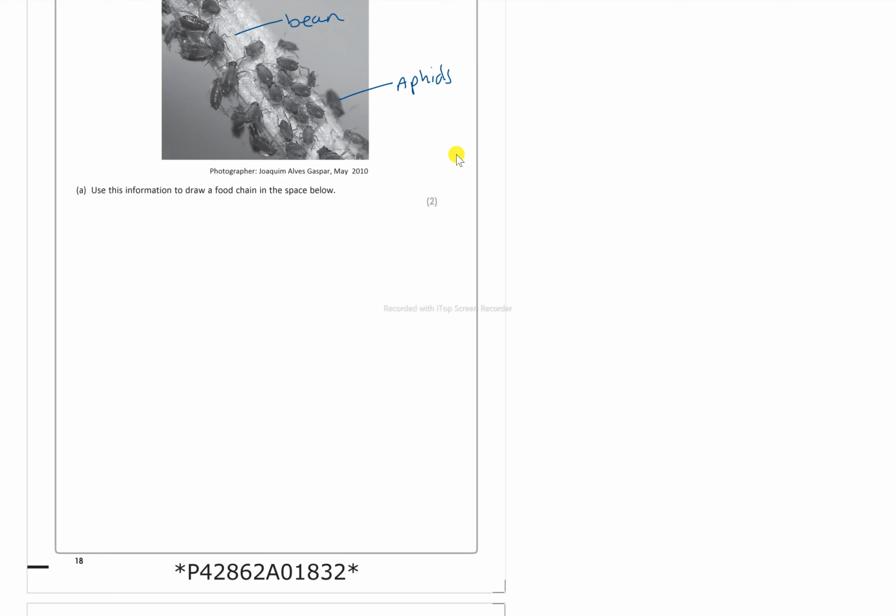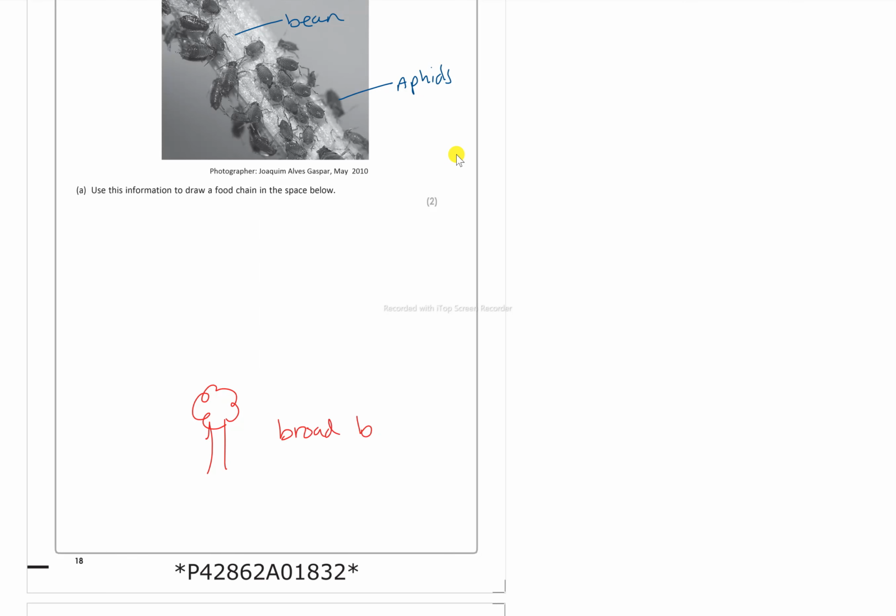Right, what we need to do is draw a food chain. So that is a fantastic broad bean plant, right? Broad bean. That's why I like to write the name in case.